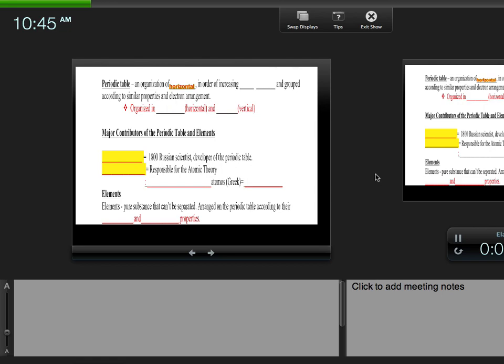And the song, she says, blank, blank, number 1, 2, 3, organize the table periodically. Atomic number. And that should say number. Goodness gracious. Make sure you write atomic number there, not atomic mass. I will fix it. But it is increasing in atomic number, and it is grouped according to similar properties and the electron arrangements, which we'll talk about in a little bit as well.